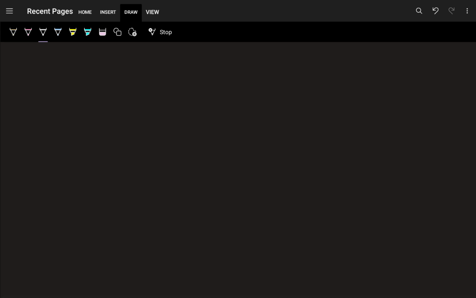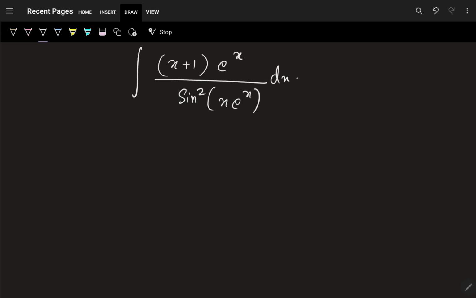Okay, so let's take one last question. The question we have is the integral of (x plus 1) into e to the power x upon sine square of x e to the power x dx.